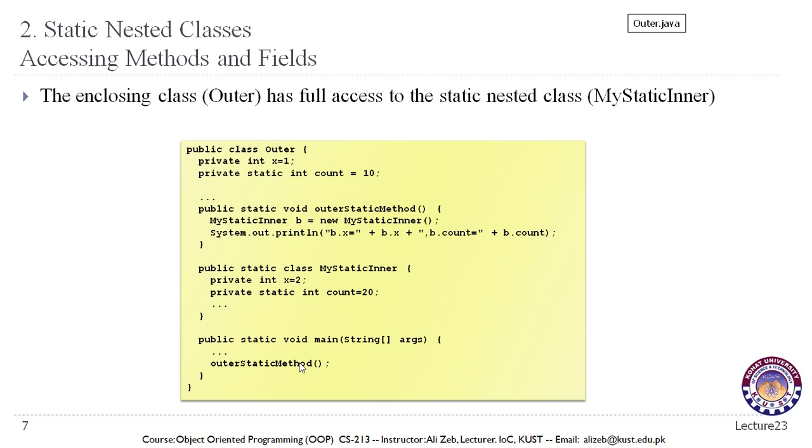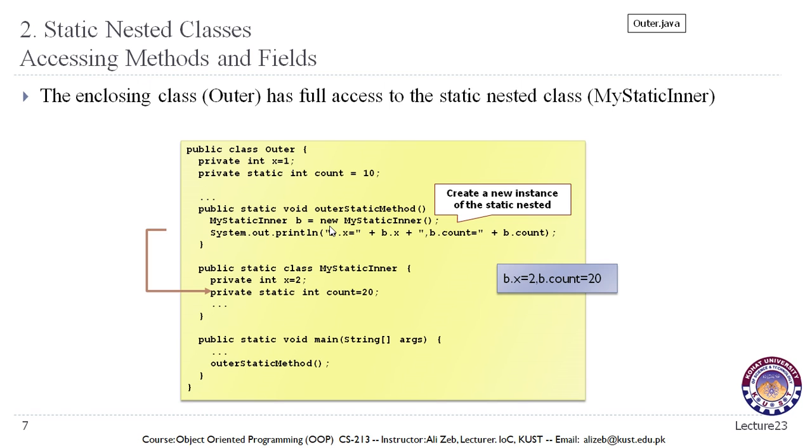The enclosing outer class has full access to the static nested class. So the enclosing class will have access to the static and non-static members of the static inner class. Again we have the outer class with these variables, one of which is a static variable, and then we can create an instance of the static nested class and access the private members of the static inner class.